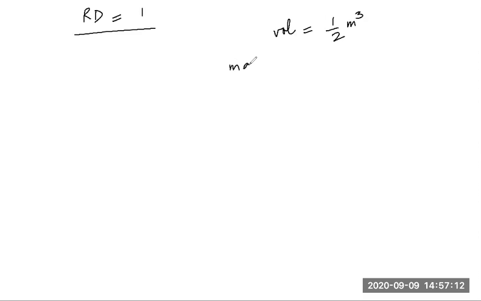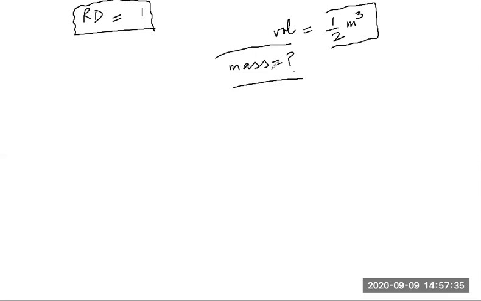Please find out the mass of this substance. Anybody can do? Please tell me. Relative density of a substance is 1. If the volume of the substance is half meter cube, what is the mass? So 500 kg. Correct. The answer is 500 kg.